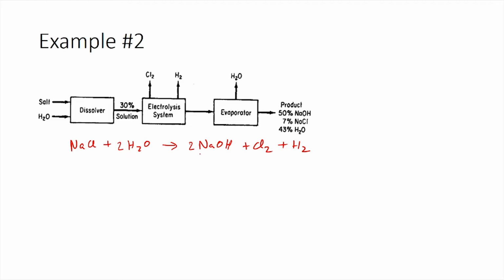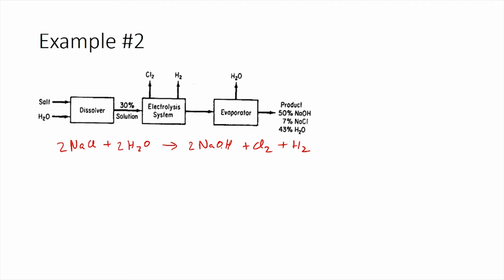However, sodium is not balanced here. So, you add a 2 here, thereby you ensure that sodium and chlorine are also balanced. So, 2 atoms of Na, 2 atoms of Na here, and you have 2 atoms of chlorine entering and 2 atoms of chlorine leaving. You have 4 atoms of hydrogen entering and 2 plus 2 atoms of hydrogen, which is 4 atoms of hydrogen leaving, 2 atoms of oxygen entering and 2 atoms of oxygen leaving. So, this is the balanced equation which we need for performing the material balance calculations.